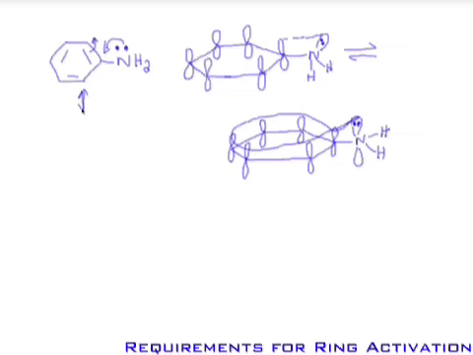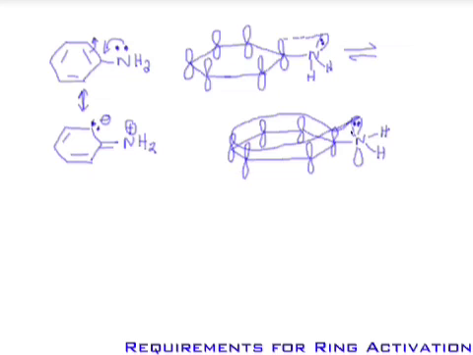I'm not going to draw all the resonance structures because we're going to look at them in more detail anyway. But the lone pair can dump its two electrons into the ring. That puts a positive charge on nitrogen and a lone pair on the ring. Now, this is a minor contributor, but there's no doubt there's increased negative charge on the ring because of this.